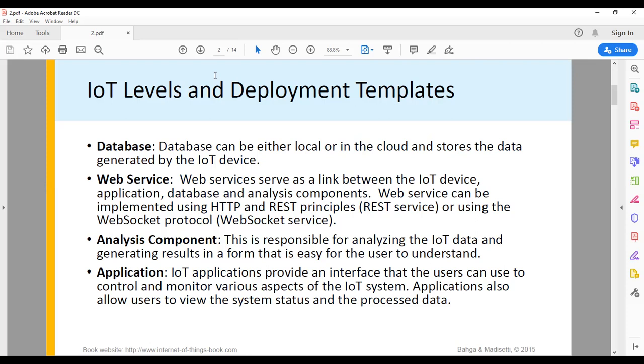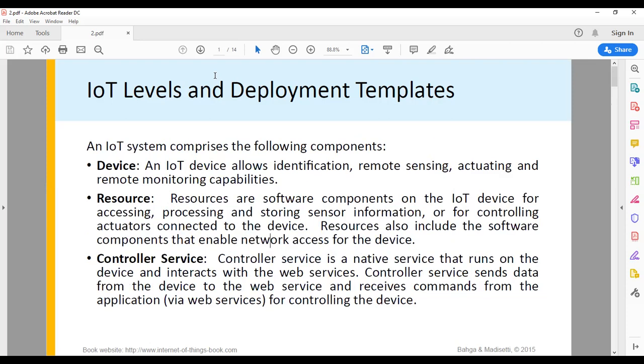That purpose is the application: how it could work, and what the output from the IoT system should be. That is one of the important components of an IoT system. Through applications you can check the status or process the data.